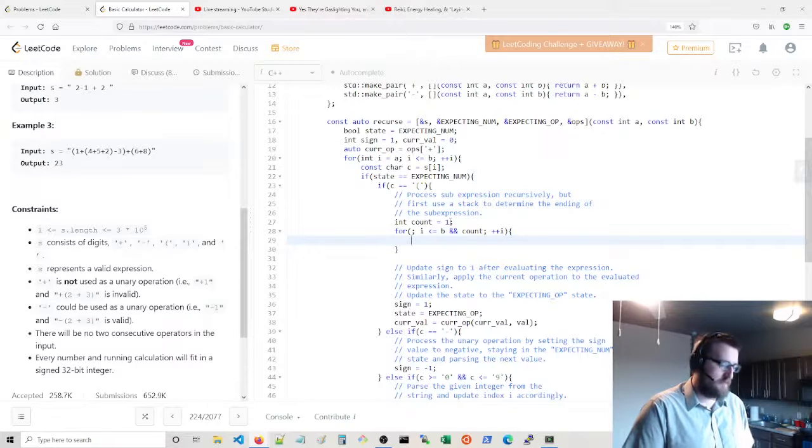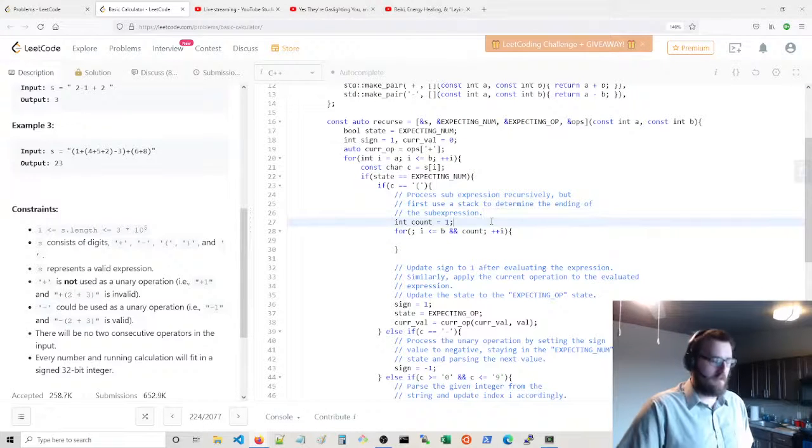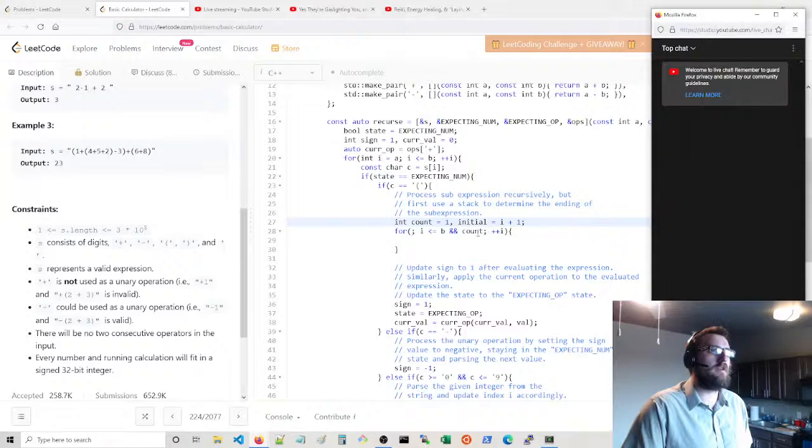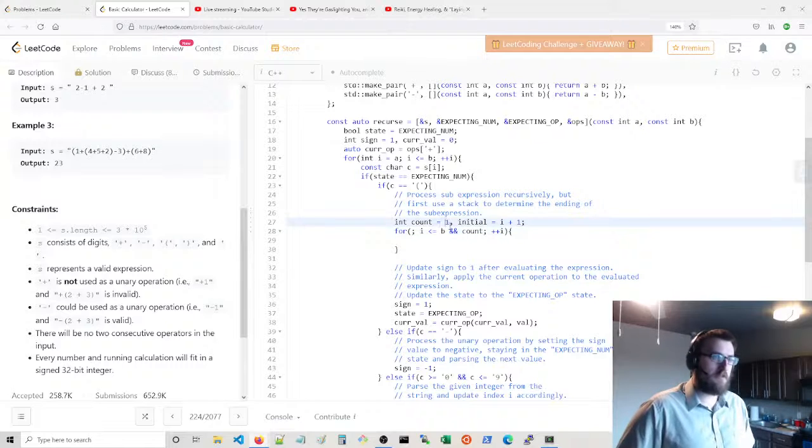We do want to start with the initial value being i plus 1, and we can do plus plus i.